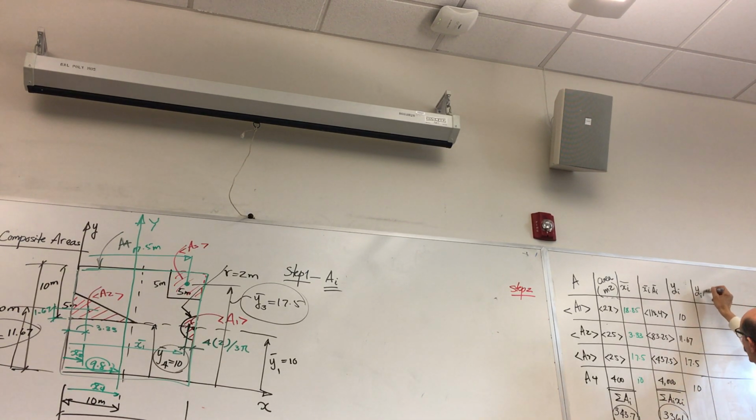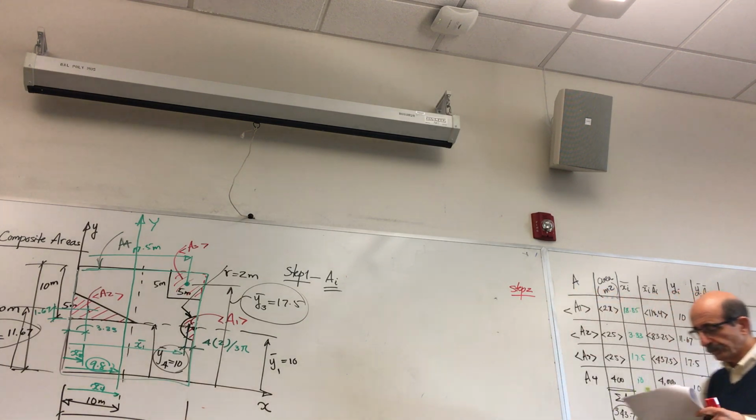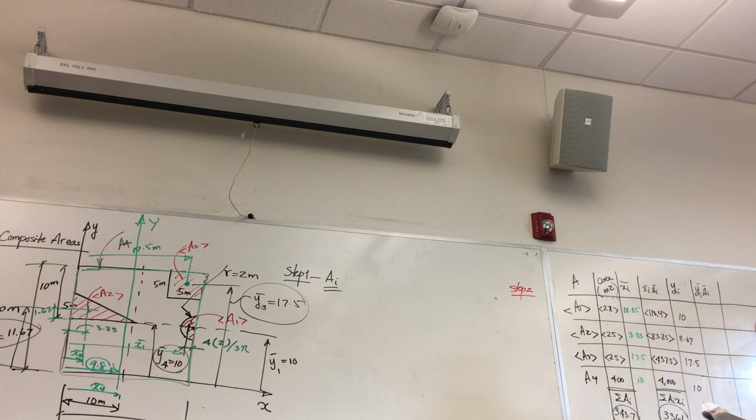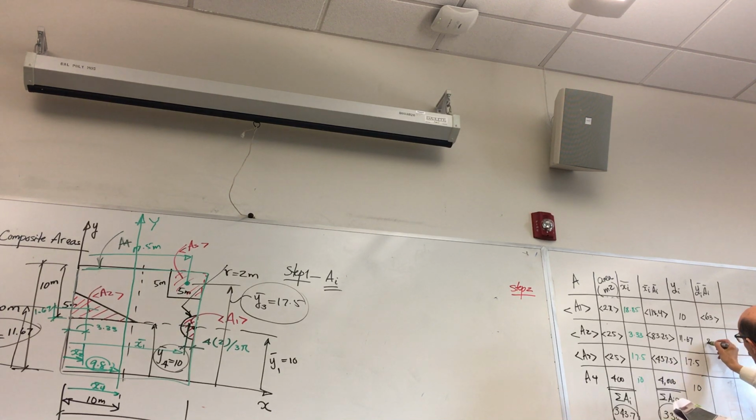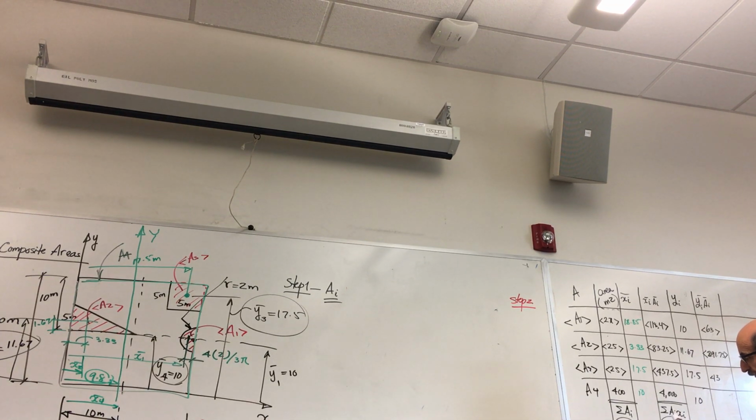And then yiAi. So multiply these again, and I'll give you the answer. Just multiply the yi column by the Ai column, so you get 63 negative. You get 291.75, 437.5, yes, should be the same, okay?